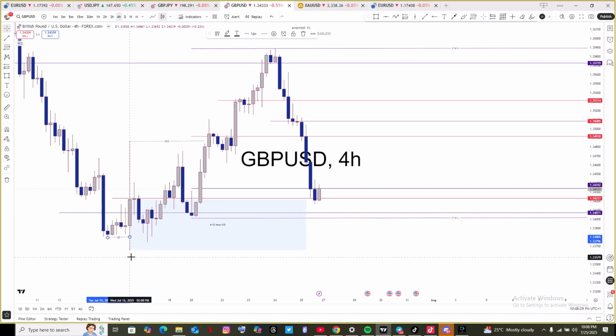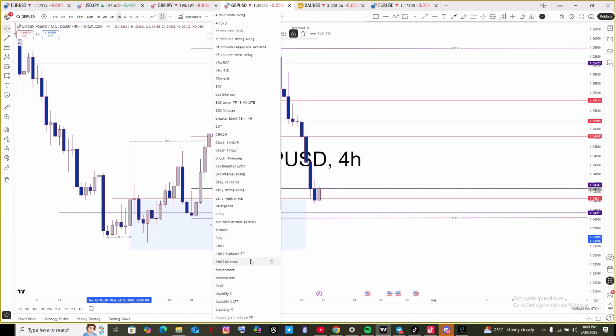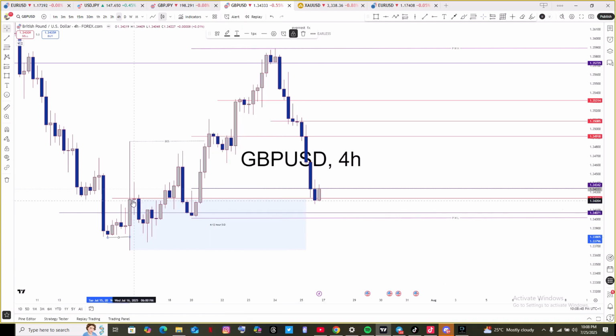It came down and came up. It swept liquidity to the downside and also swept liquidity to the upside before it started creating other structures, other candles that broke structure. So automatically to me, that makes that candle valid. That's why I marked from the body down to where the week ended as my demand.